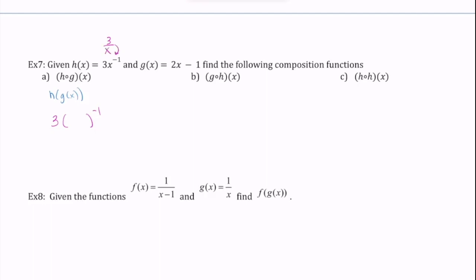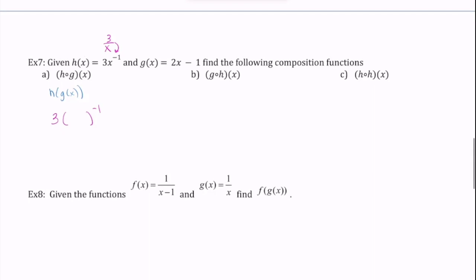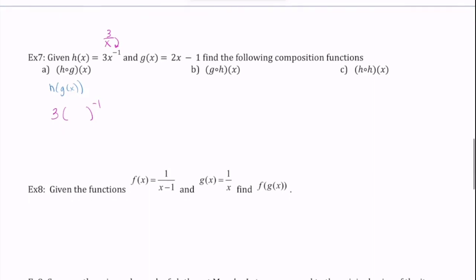I guess it doesn't matter, but you could do it either way. And then I'm going to substitute in g of x in here. So g of x goes in here, which is 2x minus 1. So this is 3 times the quantity 2x minus 1 to the negative first power. Or you could write 3 over 2x minus 1, which is the same thing. So h of g of x is equal to this.